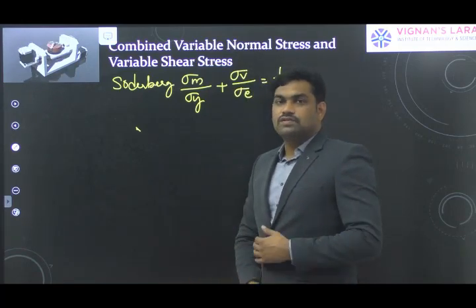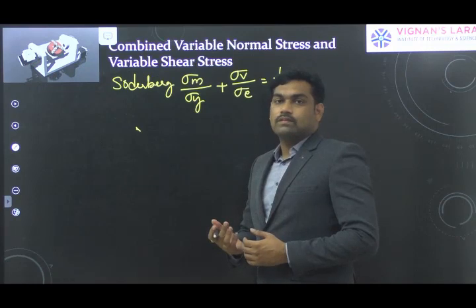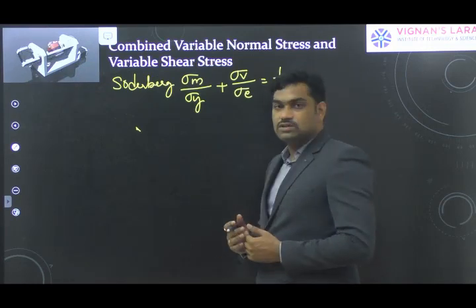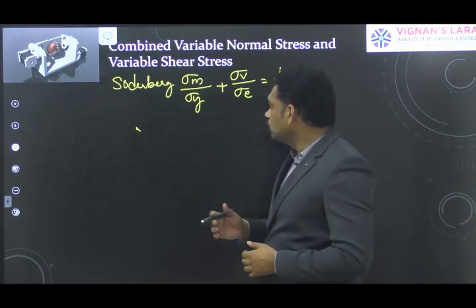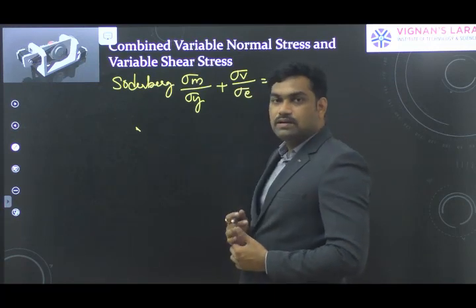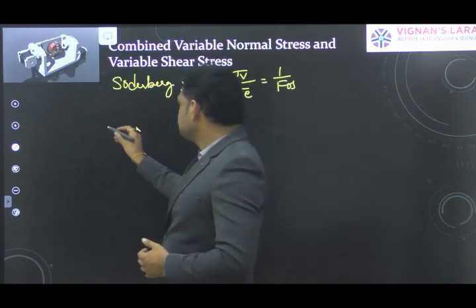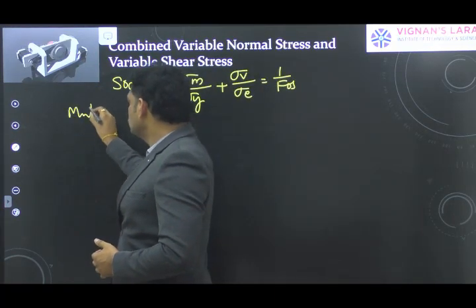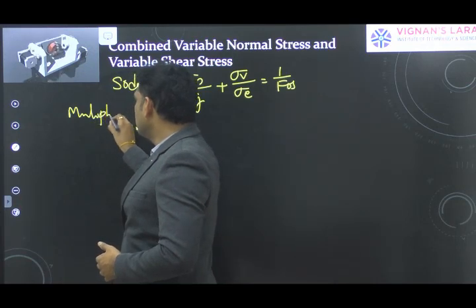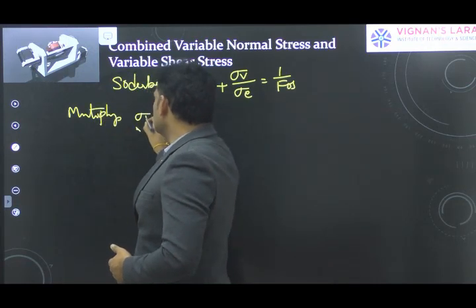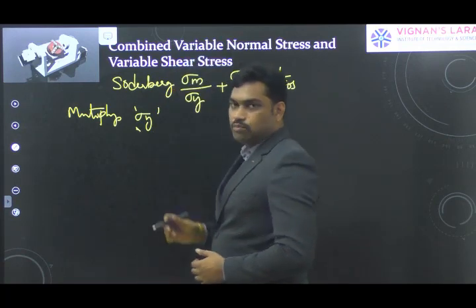Now, if you want to apply this equation to the equivalent normal stress, we can modify this equation by multiplying the above equation by the yield strength, sigma y.